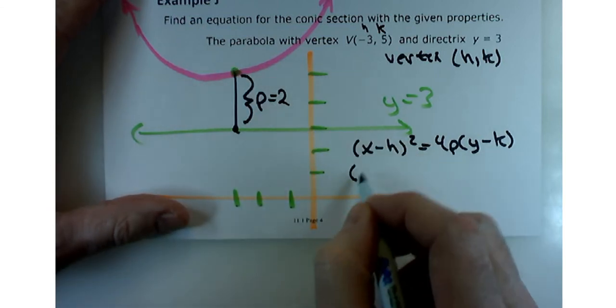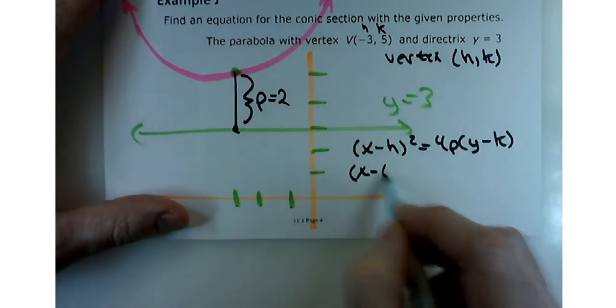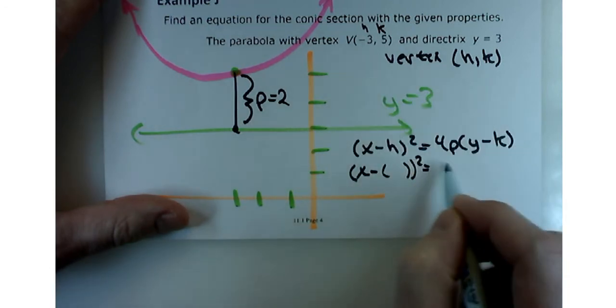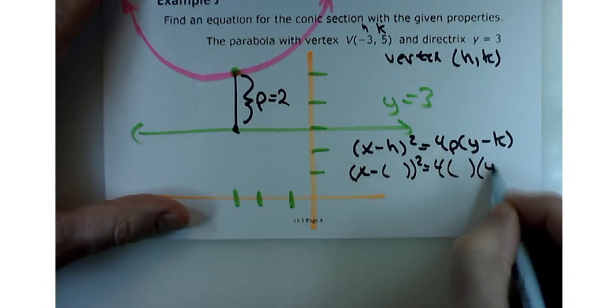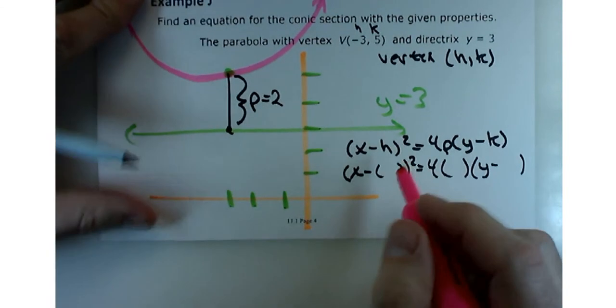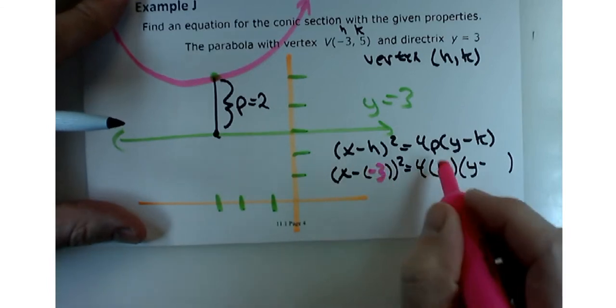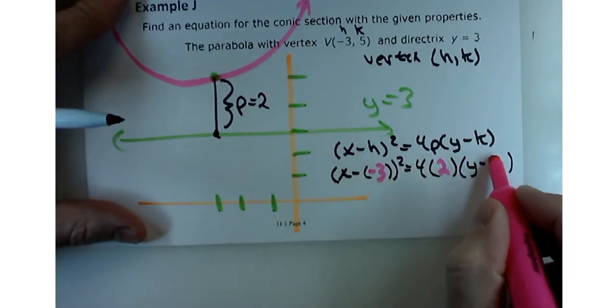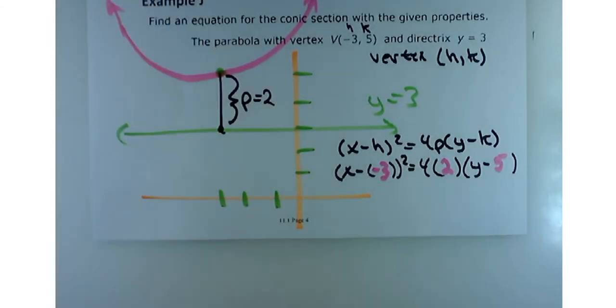So let's see if we can fill things in. x minus negative 3 equals 4 times p, which is 2, times y minus k. And I'm just going to fill those in in a different color for ease of readability. So it's going to be x minus negative 3 equals 4 times 2 times y minus 5, like that.